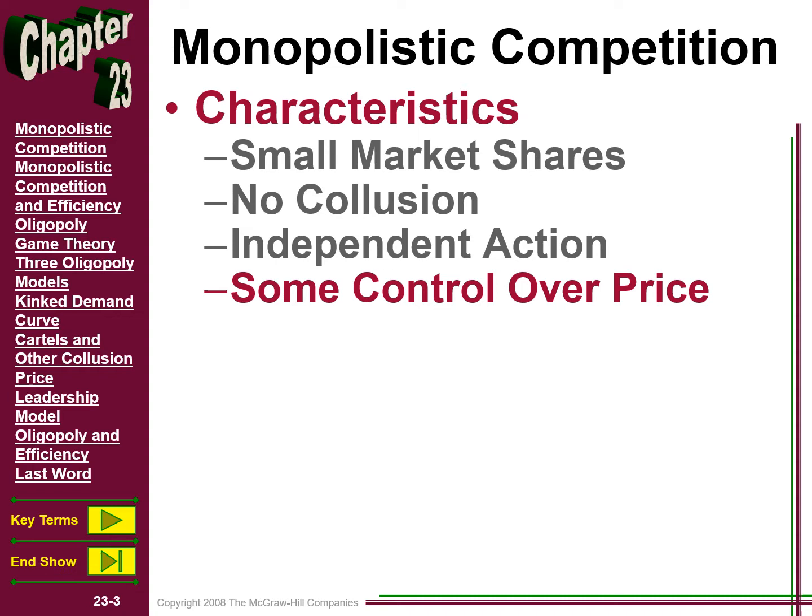Now, we're going to see this when we look at the cost structure, that each firm, each producer has some control over price. So when you look at, again, the term monopolistic competition, in pure competition, each firm was a price taker. In monopolistic competition, the single seller, the producer, the one firm, they don't have to just settle for the market price.